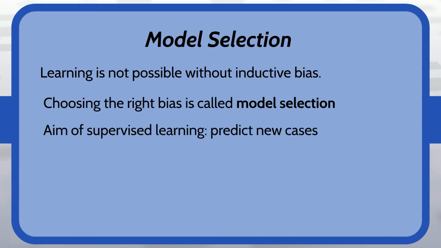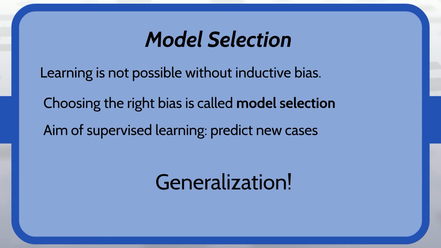Then it's important to keep in mind that the aim of supervised learning is to predict new cases. So how well a model trained on the training set predicts the right output for new instances is called generalization, and this is what's important. In our model selection procedure, we have to keep in mind that we don't want to select a bias that gives us zero error on our training data but cannot predict new future cases.